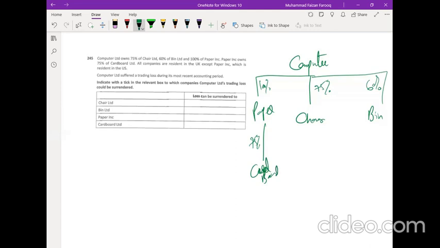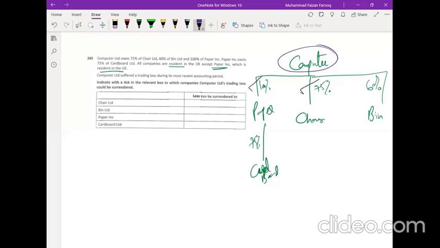All companies are UK residents except Paper, which is not a UK resident. Can non-UK residents form a group, right or wrong? Yes. Computer is okay, Paper is okay, Paper will be forming the group.